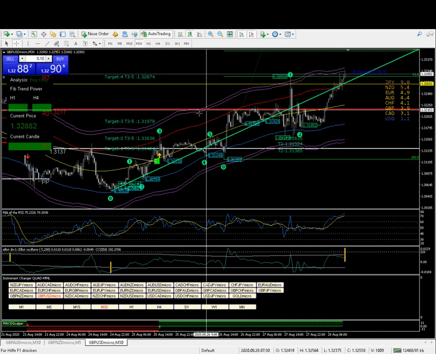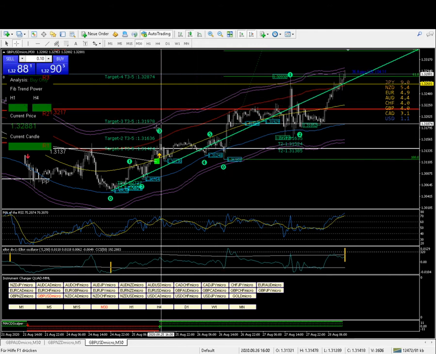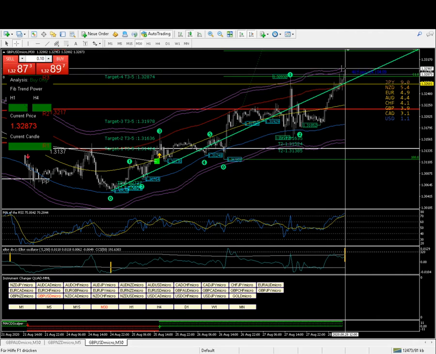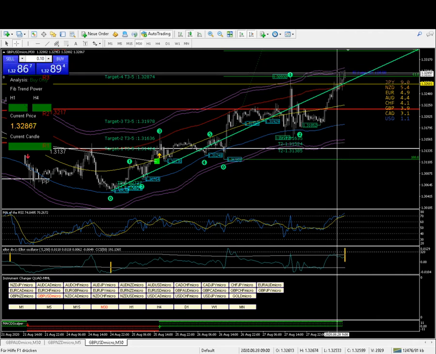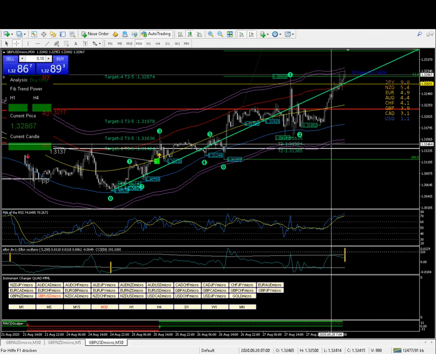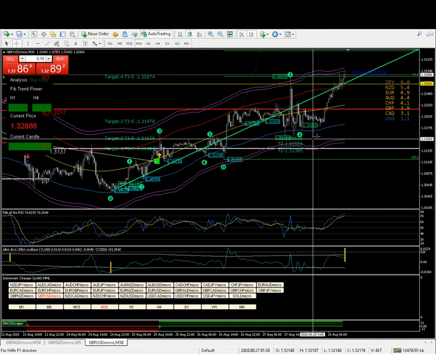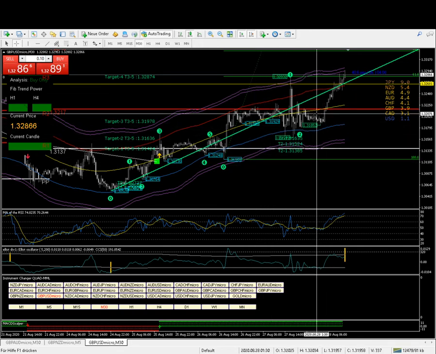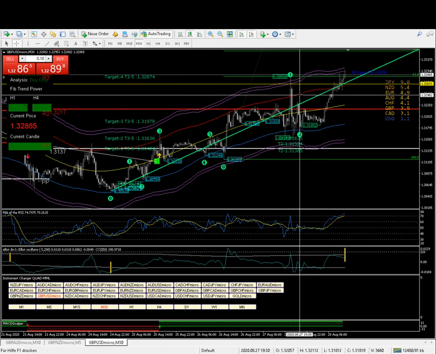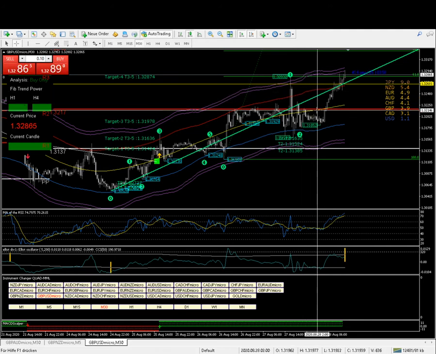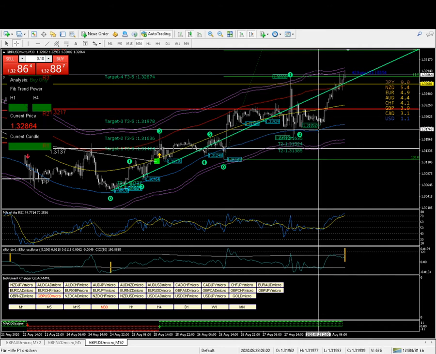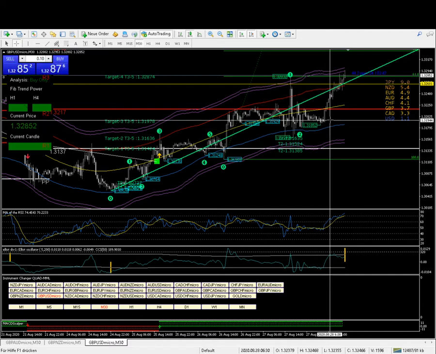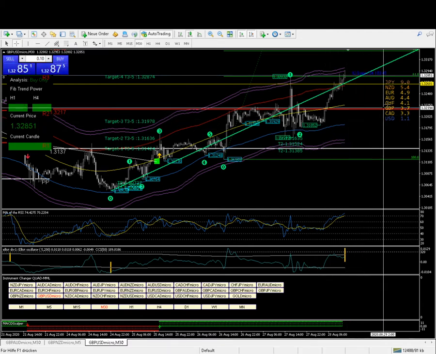Also we have here my trend channel lines, the purple ones above and below, and three other lines just for view: the red line, the middle yellow line and the blue line, a little bit like Bollinger Bands.